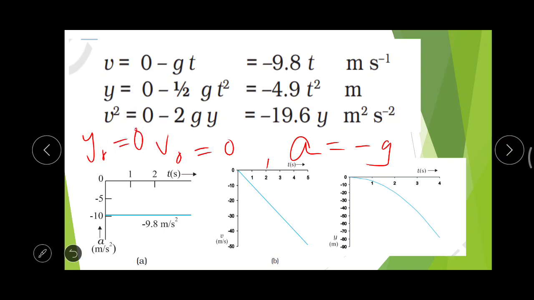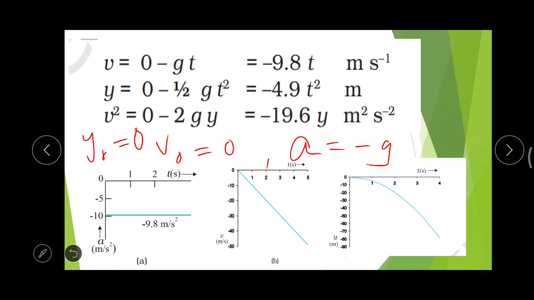Then if the final position is y, the displacement will be y minus y0, that is y minus 0, which is equal to y.